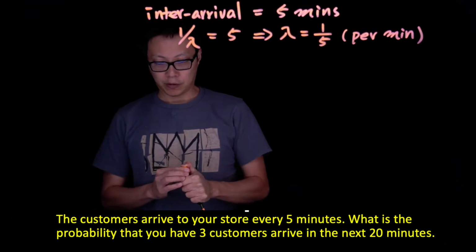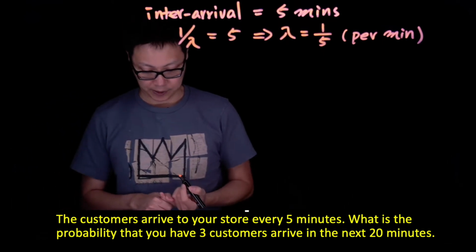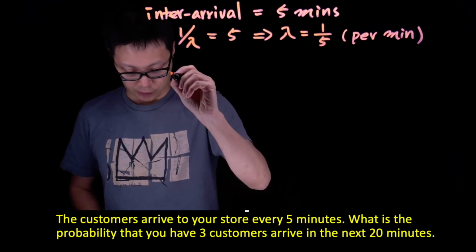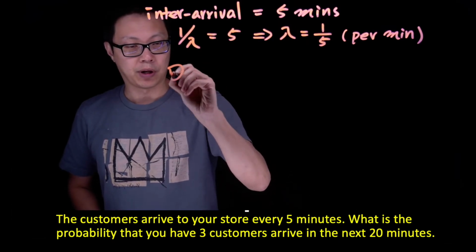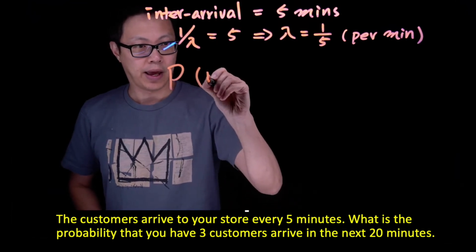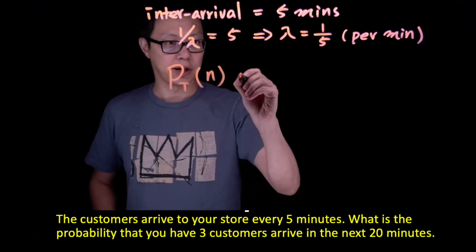And we want to calculate what's the probability that you have 3 customers arrive in the next 20 minutes. And we know we can calculate the probability of having an arrival for the next t minutes based on the formulation right here.